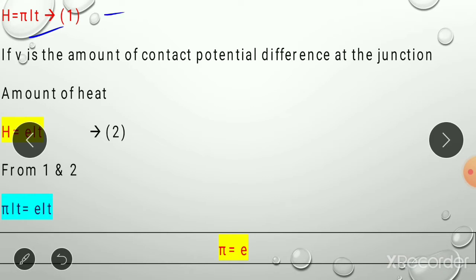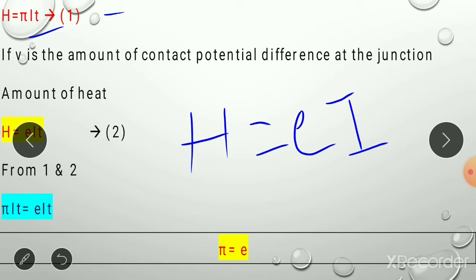If V is the contact potential difference at the junction, then the amount of heat can be written as H equals E I T. Call this equation 2.